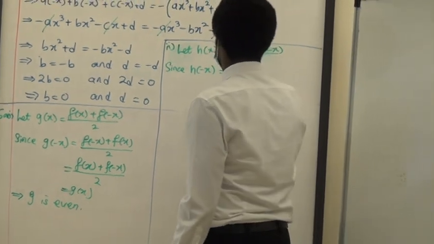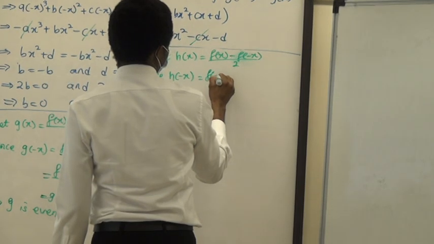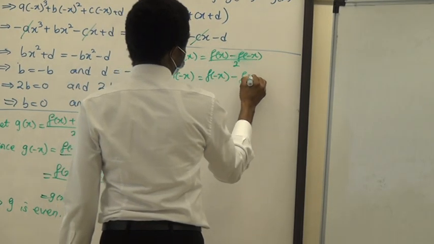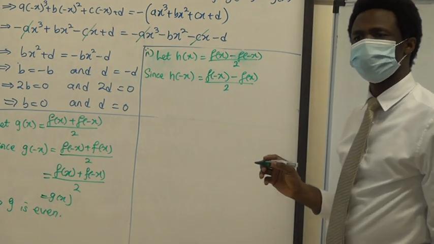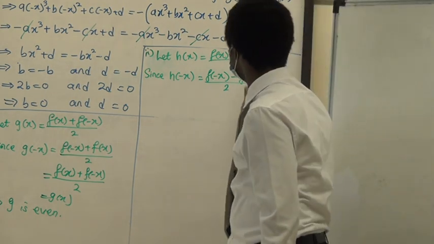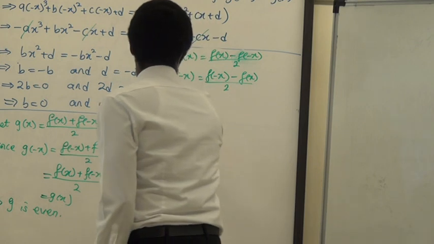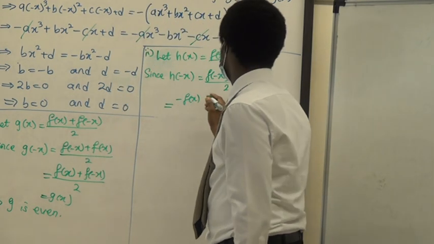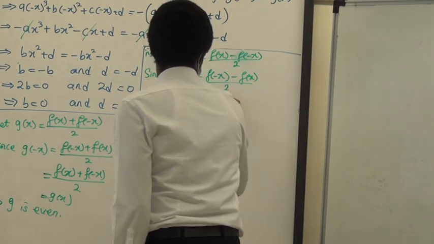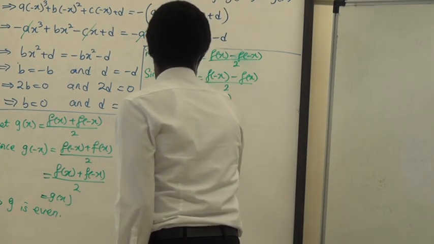Okay? Since h of negative x is f of negative x minus f of x divided by 2, this is just by substitution. Okay? So this is positive, I bring it first. Unfortunately, the positive happens to be a negative term, while this is a positive one, divided by 2.